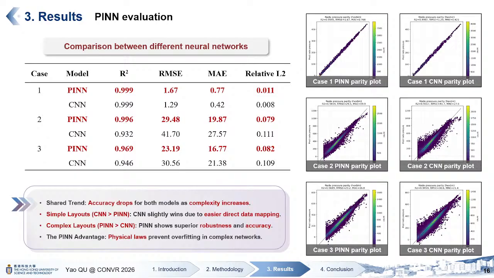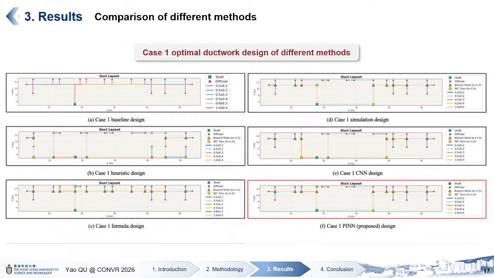But in the simple layouts, the CN is better than the PN because of easier direct data mapping. In the complex layout, the PN shows superior robustness and accuracy because the physical laws prevent overfitting in the complex networks.